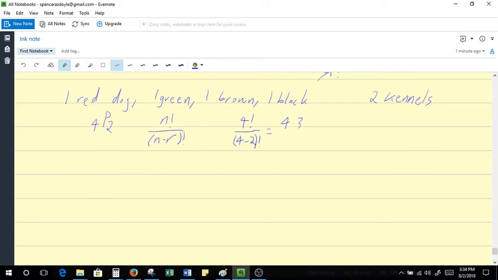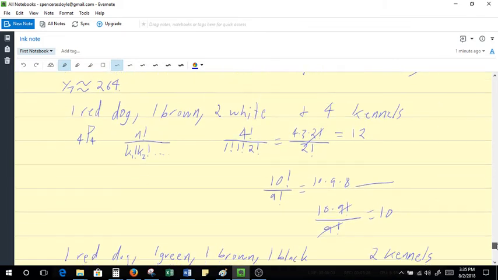And again, 4 times 3 times 2 factorial over 4 minus 2 factorial. Turns out there are 12 ways to do this as well. So depending on the situation with duplicates and whatnot, the permutations can change, right? There's only 2 kennels in this problem, whereas before there was 4 kennels.